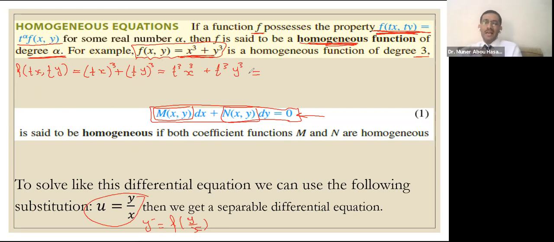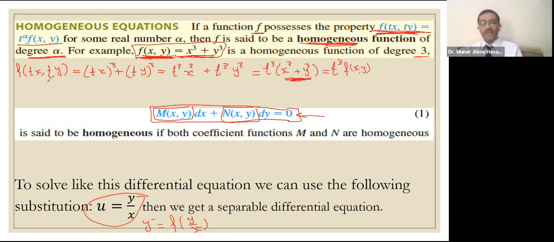Now I can take common factor t to the power 3, so it will be t to the power 3 times x to the power 3 plus y to the power 3. Notice now this bracket is my function. So the answer will be t cubed times f of x and y.